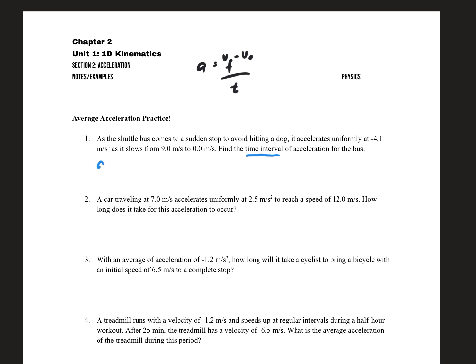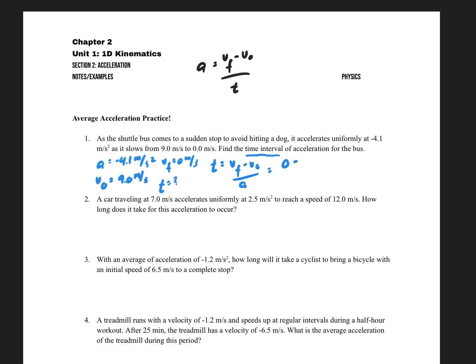I know that acceleration is negative 4.1 meters per second squared. I know my initial velocity is 9 meters per second. And my final velocity is 0 meters per second. And I'm looking for the t. So the first thing I'm going to do is solve this symbolically, or solve it for t, and it looks like this, Vf minus V naught over A. So plugging stuff in, Vf looks like it's 0.